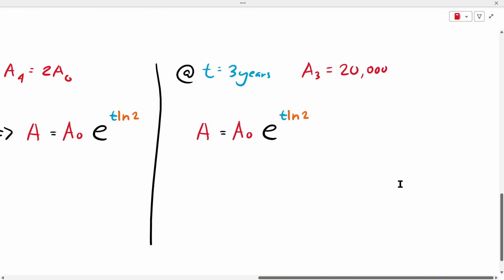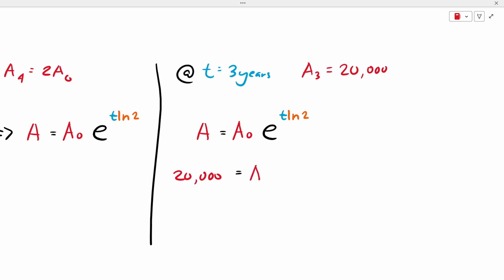If we plug it here, this will become 20,000 equals A sub 0 e raised to t, that is 3 years, times the proportionality constant, that is ln of 2.